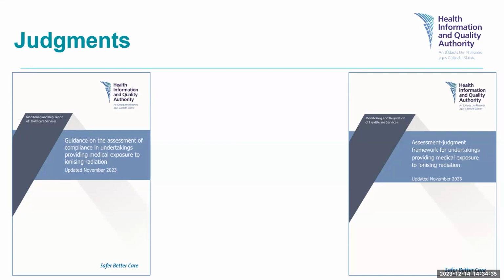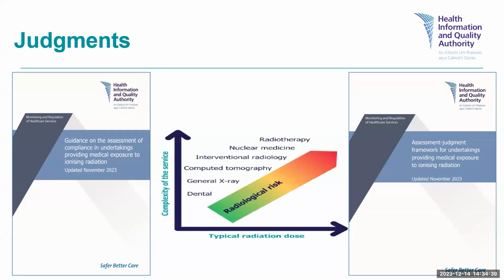Inspectors, though, will also use their experience and their professional judgment. They'll need to consider the context that they're inspecting in, the level of radiological risk that is posed by that service, and they'll bring all of the information from these documents and from their professional experience and judgments into account when making those judgments.